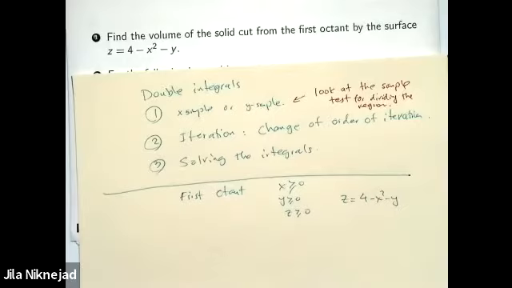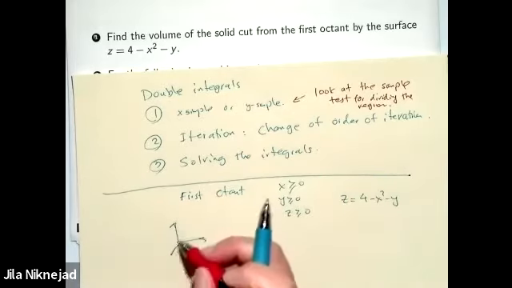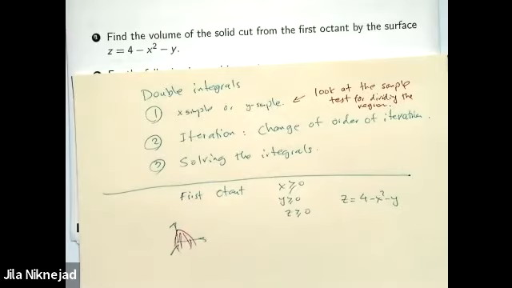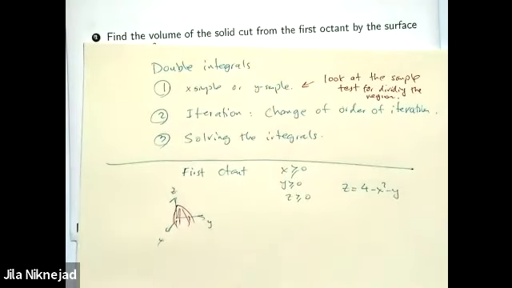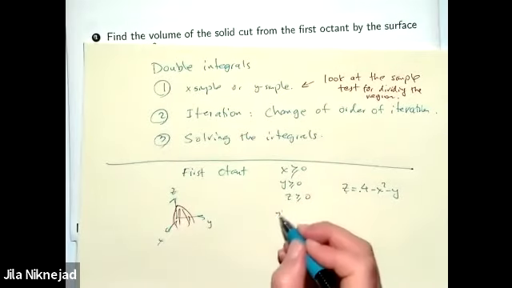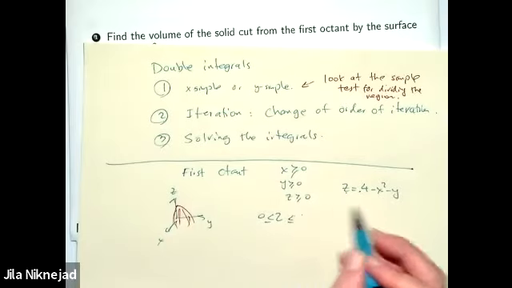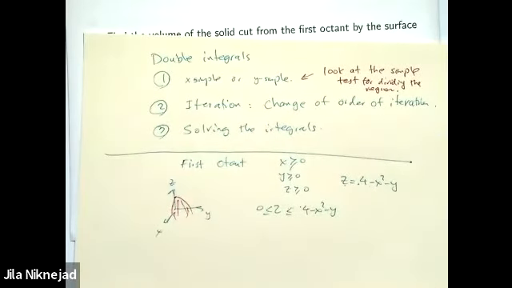So what should I do? First of all, let's say I don't know what that surface is. I know the surface is sitting up above the x, y plane, and z is going to be between 0 and 4 minus x squared minus y.